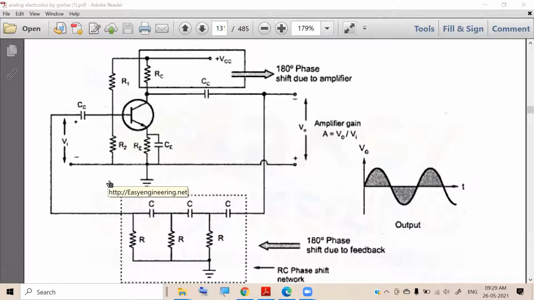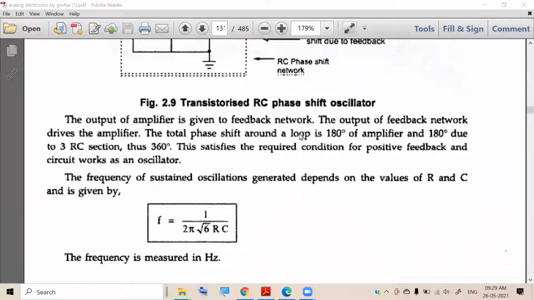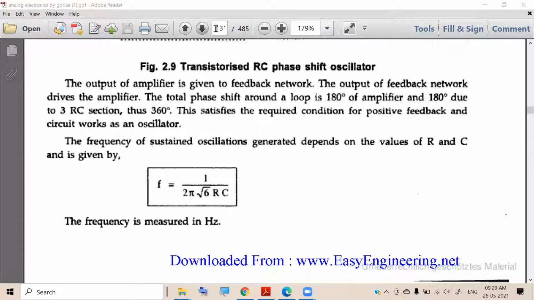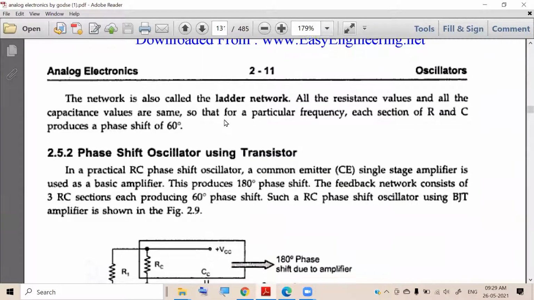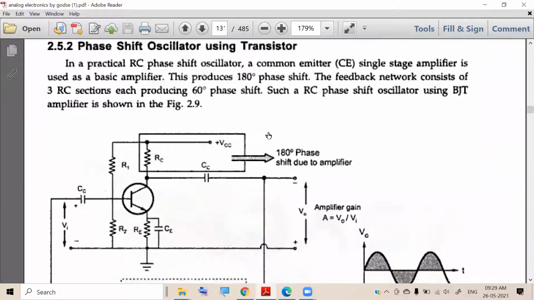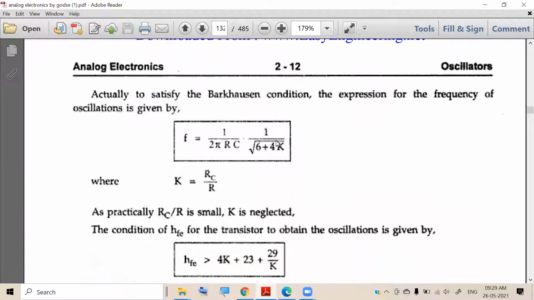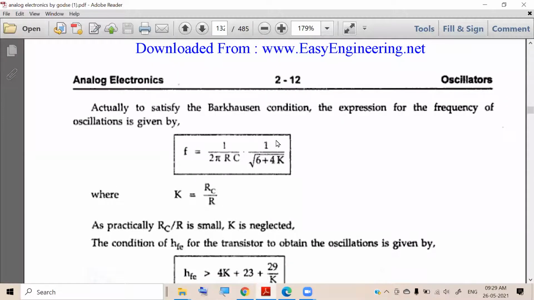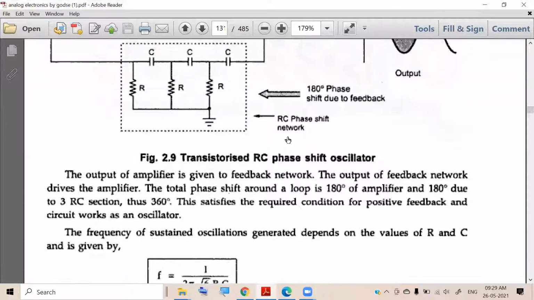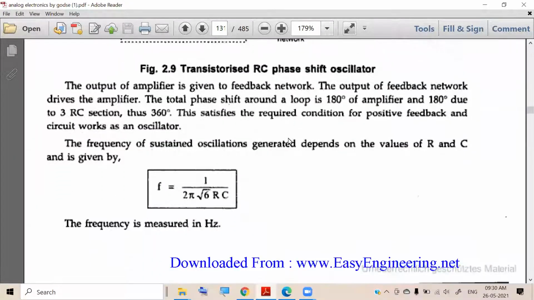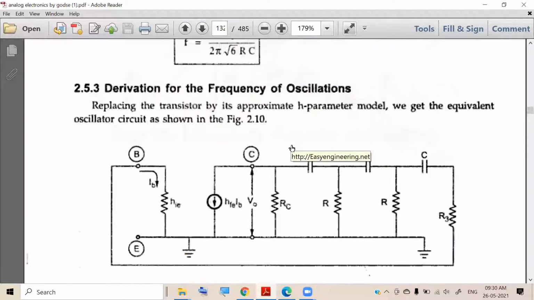So if we consider the effect of R1, R2, we need to consider the input resistance as the equivalent of R1 parallel R2 additionally, and that is what we will see now.